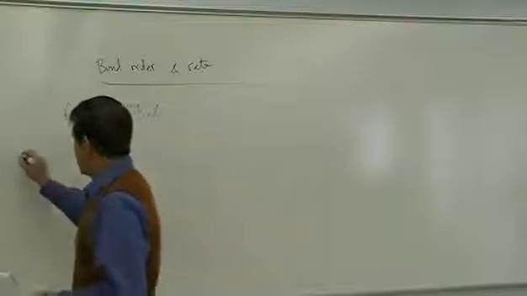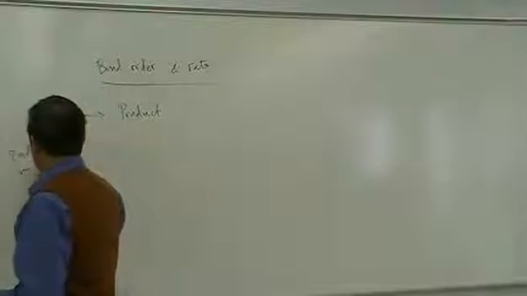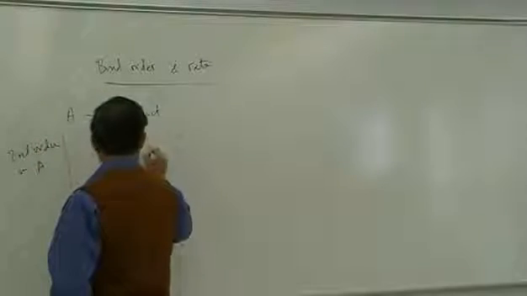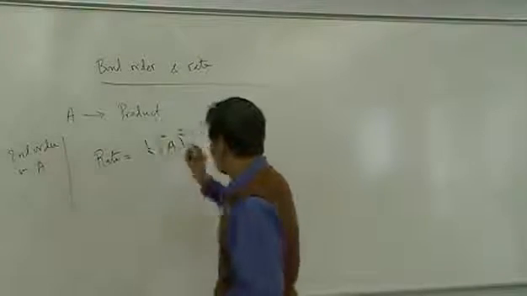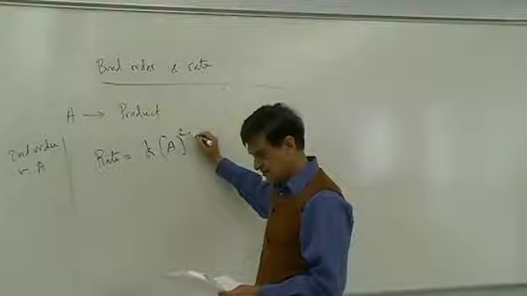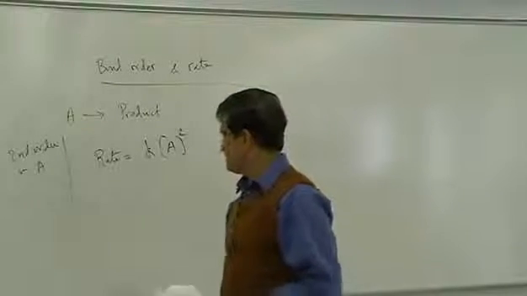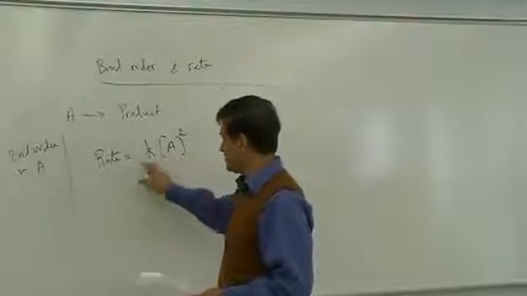If this is second order in A, my rate expression I can write down: rate equals a rate constant times A raised to the power 2. Because this is a second order reaction, so this exponent has to be 2. Often I ask this kind of question: if concentration is doubled, what effect would it have on the rate?